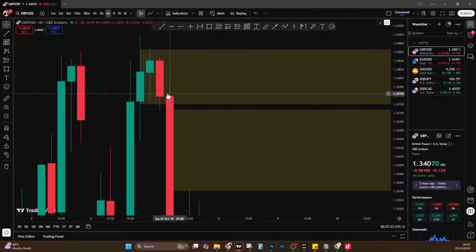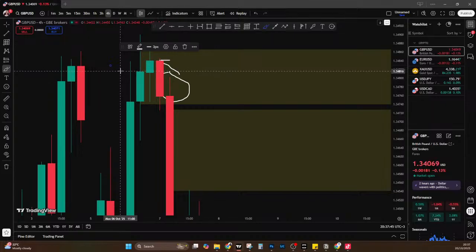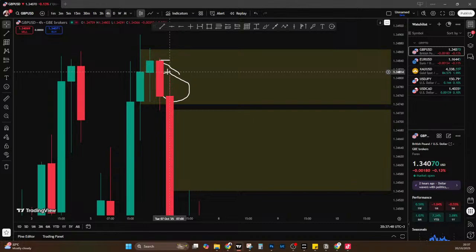You see this wick here? This wick is the wick that mitigated this order block. That is the wick that mitigated this order block. That means money is now no longer in this order block. Money is in this wick.